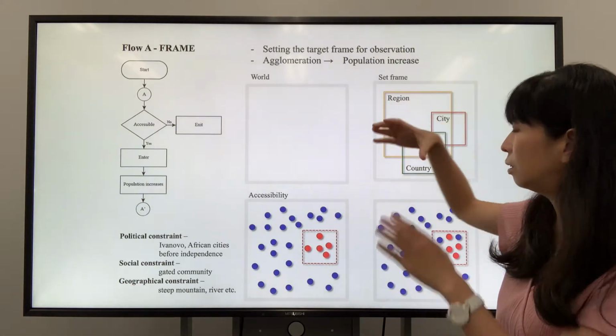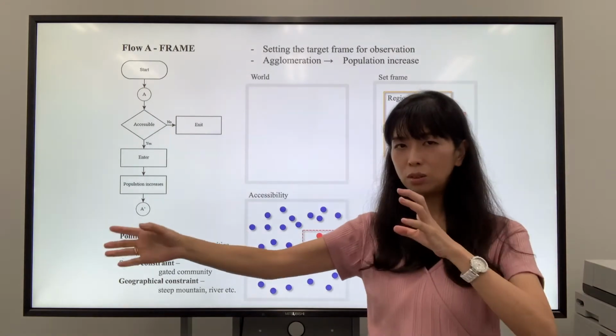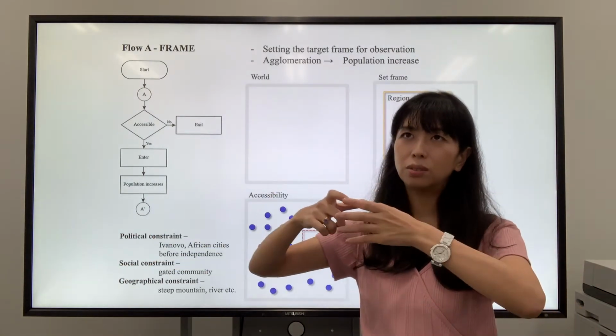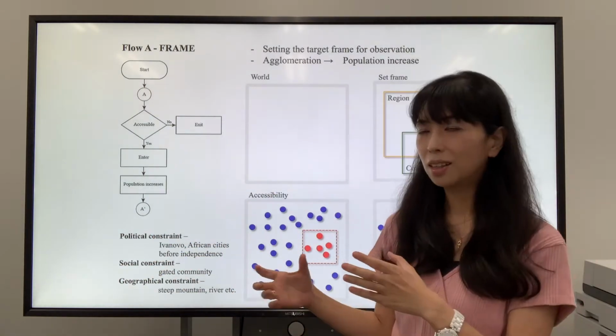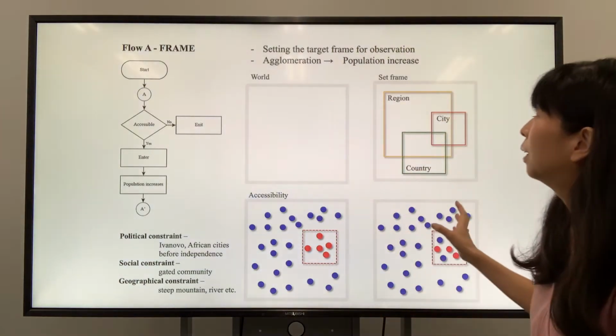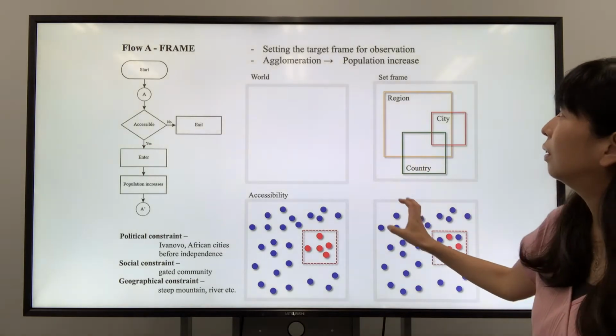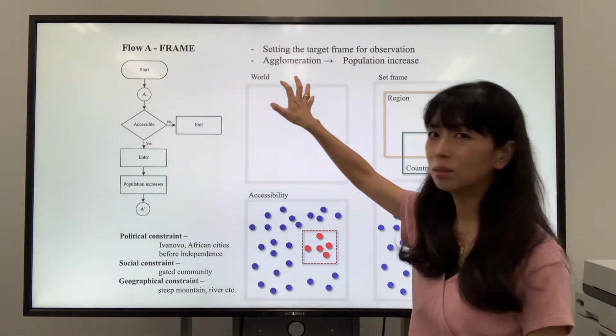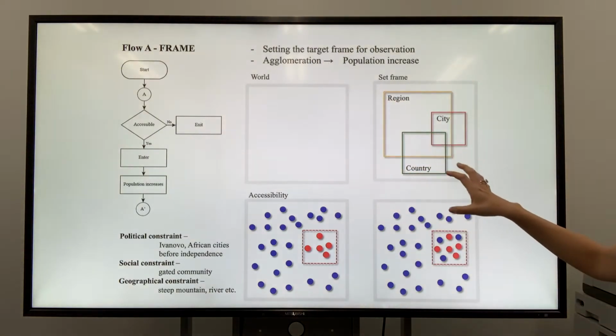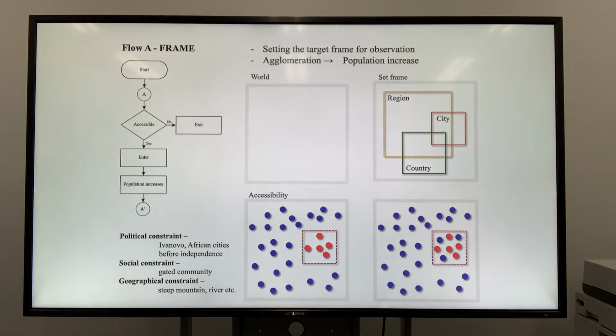Depending on what kind of frame you are working on, it gives a different result. Once you set the frame, you start observing that specific area, and you will see how much agglomeration is happening, based on the population increase.